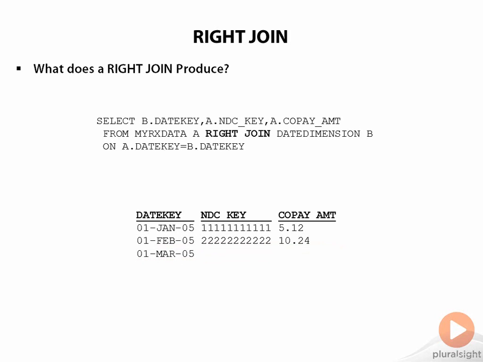And if we were to repeat that for NDC key of all twos, we would wind up getting the original February data, obviously, but we would wind up getting the date keys of January and March to pop in because the right outer join actually does that. So it's the concept of this partition by right outer join syntax, which I just explained, which will actually do that. And it actually does it at the individual NDC code level.